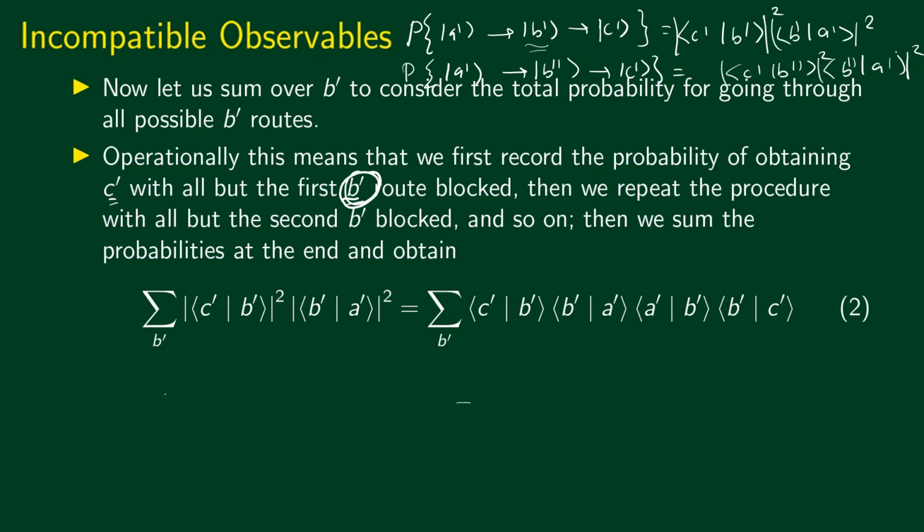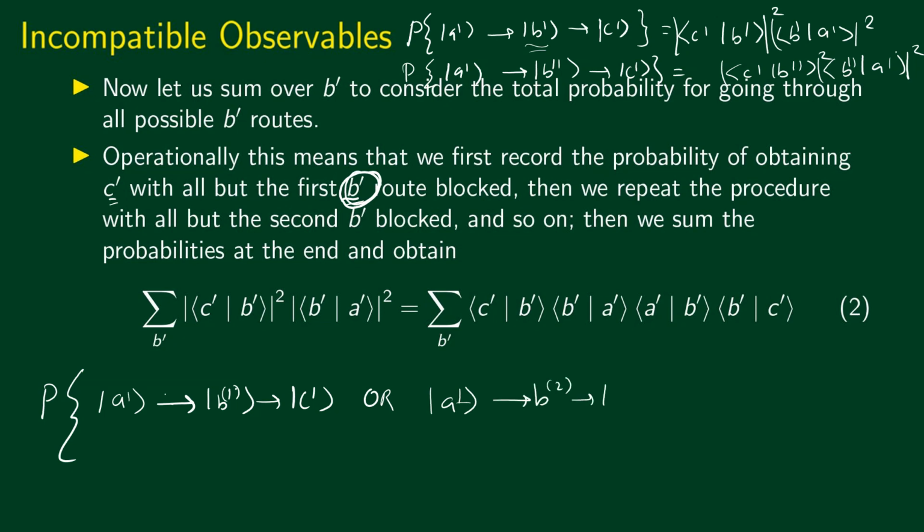So the basic idea is that we are finding the probability that, starting with A prime, you reach B1 first and then C prime. Or you start with ket A prime, reach B2 and then reach ket C prime.